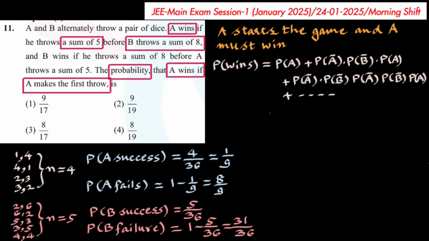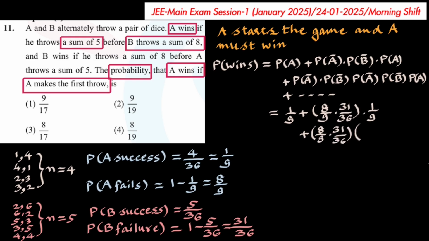This will continue. Putting the values, 1 upon 9 plus 8 upon 9 into 31 upon 36 into 1 upon 9 plus 8 upon 9 into 31 upon 36 into again 8 upon 9 into 31 upon 36 into 1 upon 9 plus so and so forth.